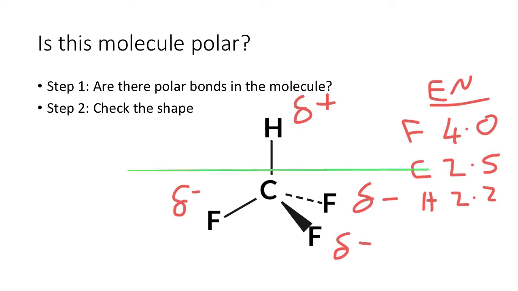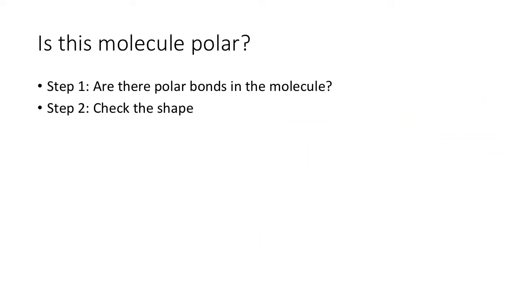Now when we're looking at this molecule, there is quite clearly a charge difference across the molecule, a permanent dipole. So this molecule is polar. Other things to look out for: if you see hydroxyl groups, OH, NH, these are going to signify polar parts of a molecule.